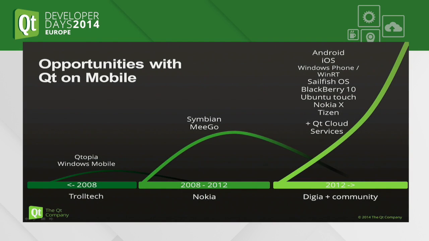Already back then in the Trolltech era, before 2008, Trolltech was seeing a lot of interest in expanding Qt to mobile. They created an embedded stack or solution called Qtopia. Has someone here actually worked with Qtopia? Oh, Nils, slightly.